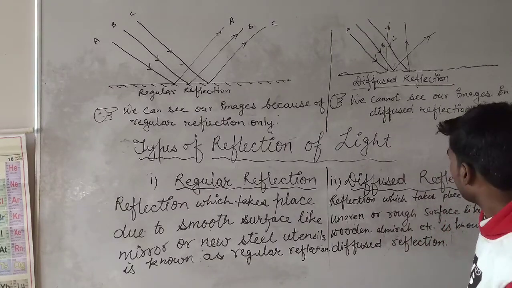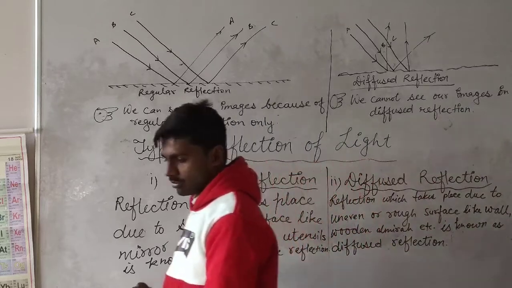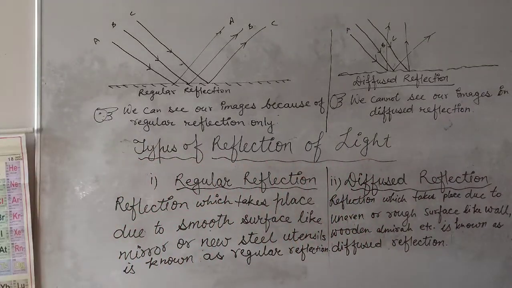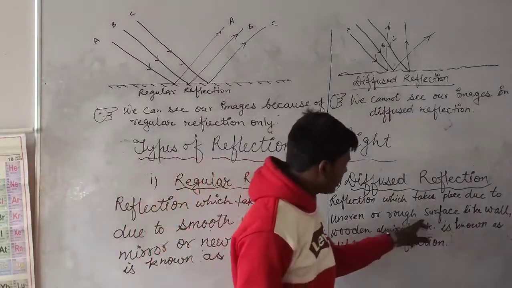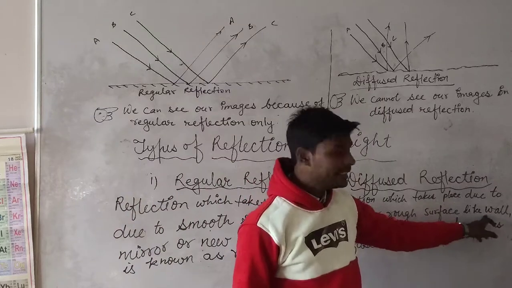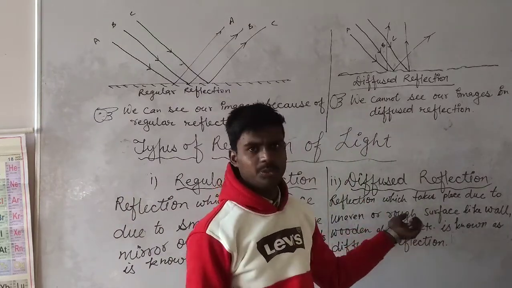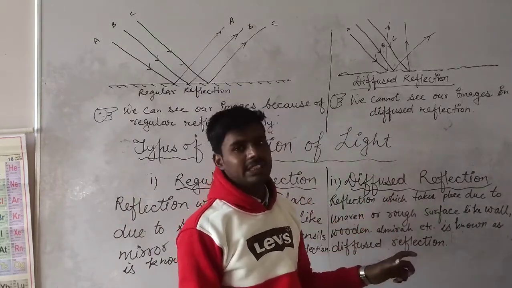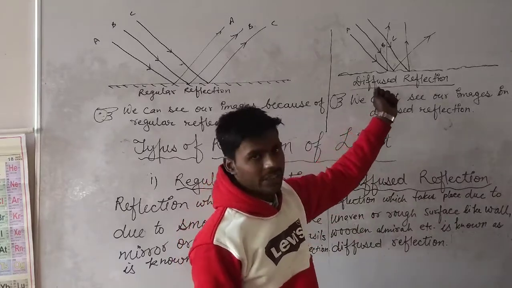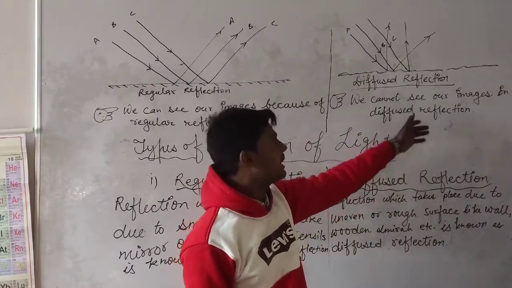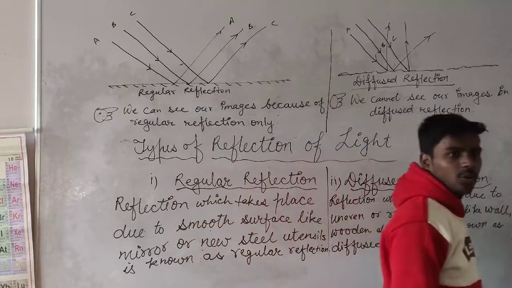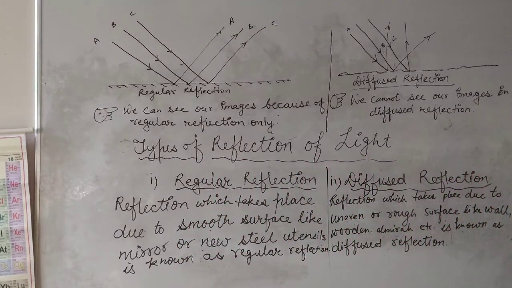Just try to stand in front of a wall. Can you see your image? No. Why? The surface like a wall is uneven, meaning rough, so the reflection happening there is diffuse reflection, and in diffuse reflection we cannot see our images. Hope it's clear. So, copy all these things and revise them. Thank you.